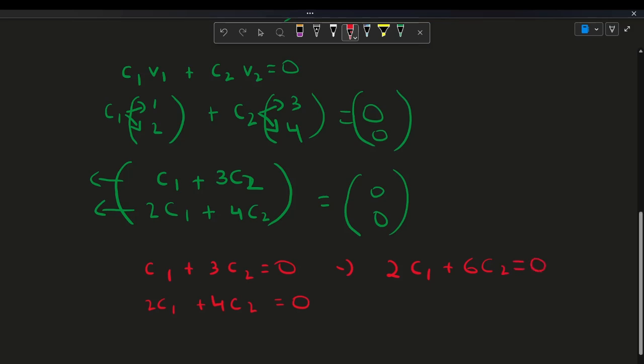Now let's subtract the second equation from this result: 2C1 plus 6C2 minus 2C1 plus 4C2 is equal to 0.